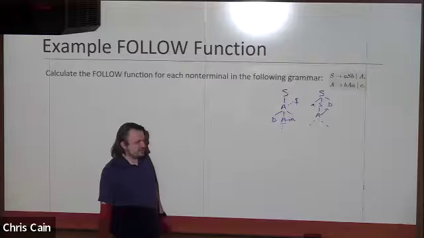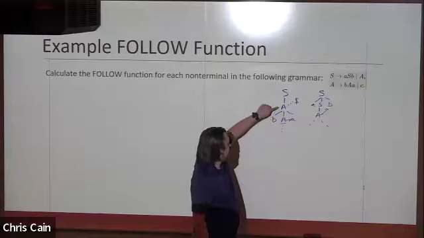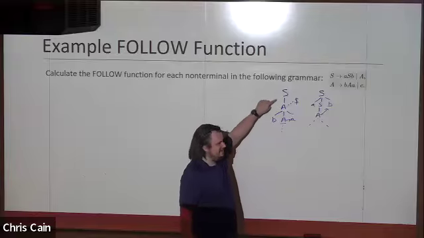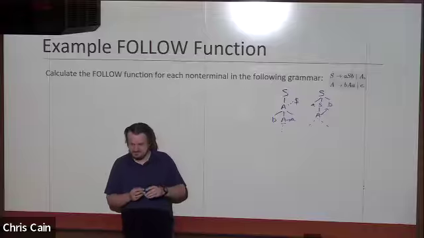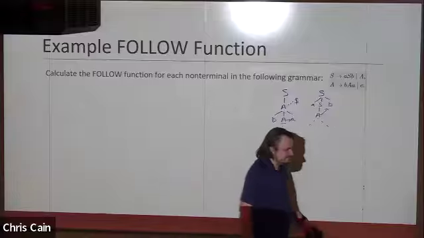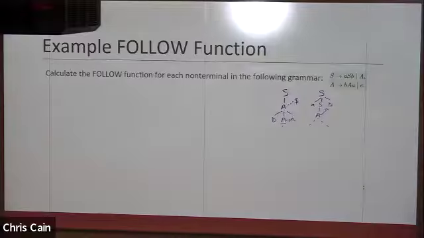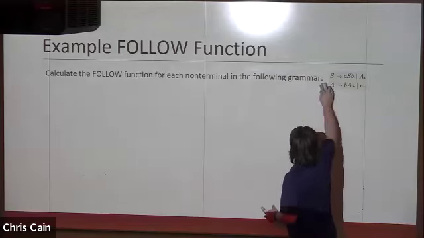If you're doing a depth first search, we've already defined everything. By the time we return to A, there's nothing else that can come after that, so it has to be the end of string mark. So yeah, follow of A has three components, A, B, and dollar.